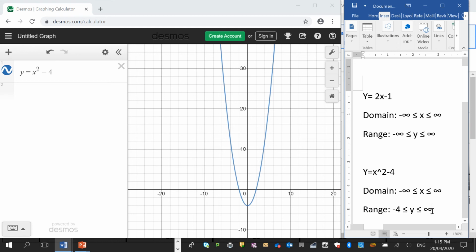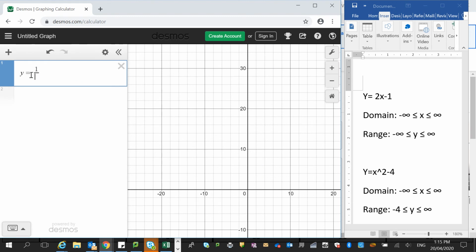Now, later this term we're going to be looking at some more complex functions. I'll just give an example here. Okay, so what I told you before was that at no point can the denominator of a fraction be 0. Okay? So here, if x is 0, then 1 over x just goes crazy.